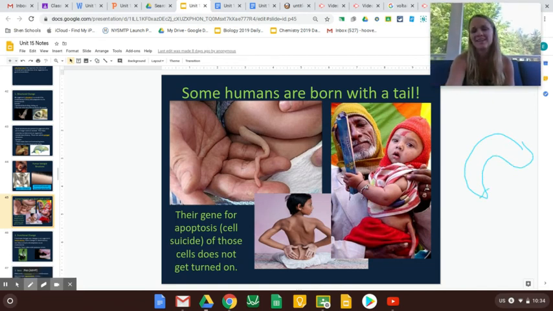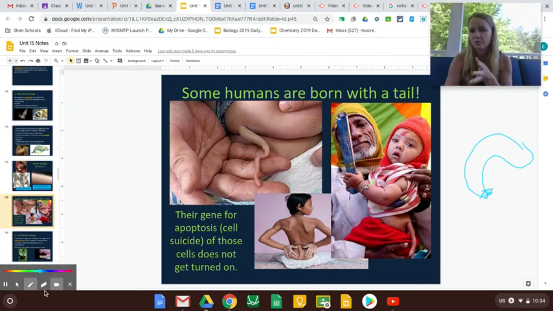But the tail is actually programmed to die. You also have webbed fingers, and the webbing in between your fingers is programmed to die. There's a gene that tells those cells in between your fingers to go and die, so this person isn't born with webbed fingers. So it's a failure of that gene to work or to be present or to be turned on. And it's just more evidence of evolution, that we're all related to some common ancestor.